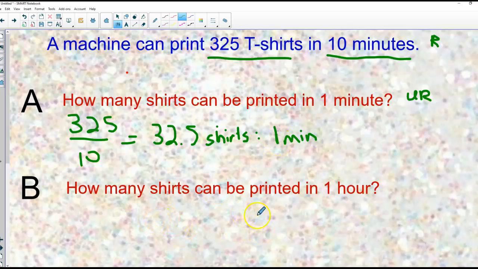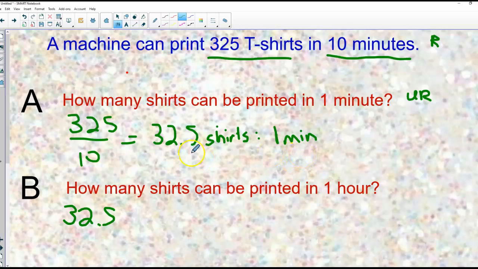So now we want to know, if that's what it does in a minute, how many can it do in an hour? So let's think about this. What we did in the last problem was we took the 32.5, or whatever our answer was here, and multiplied it by this. Well, if I multiply by 1, I'm going to get 32.5 again, right?